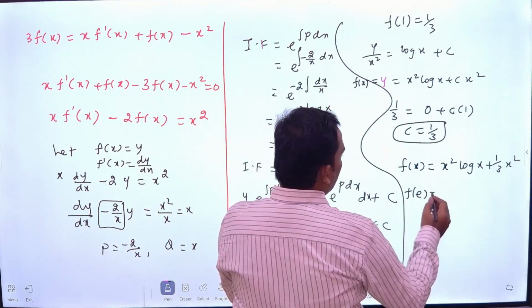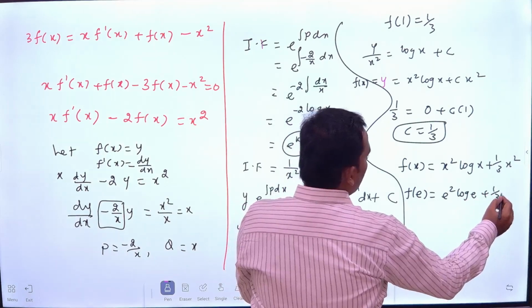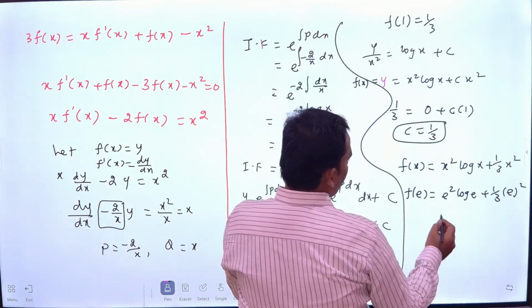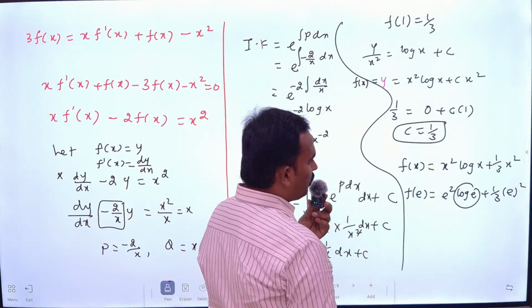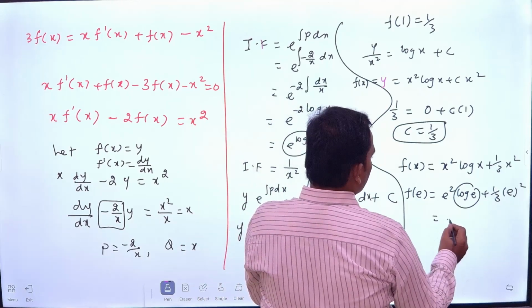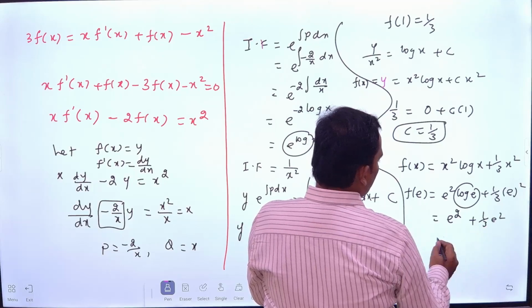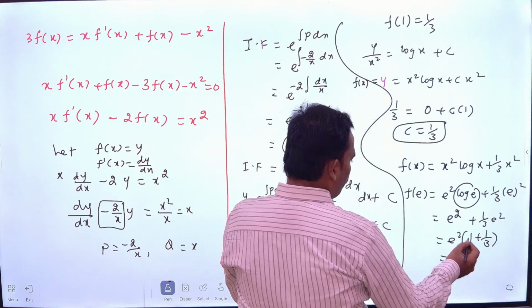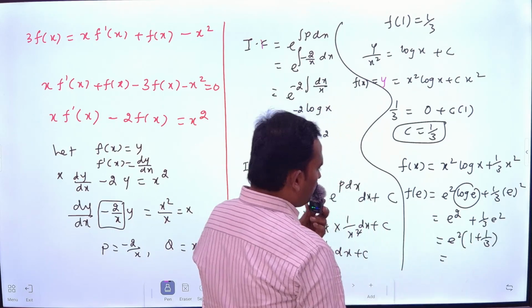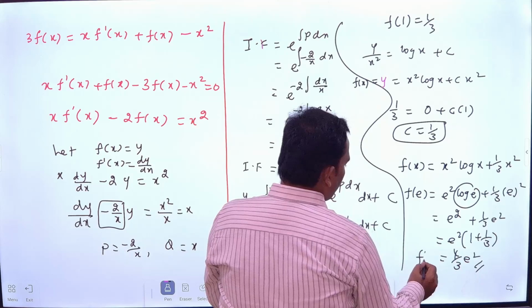You just substitute e here. E square log e plus 1 by 3 times e square. The log e will be 1, right? Because these two are inverse of each other, right? E square plus 1 by 3 e square. E square, if you take common, 1 plus 1 by 3. This is 4 by 3 e square. 4 by 3 e square is your f of e.